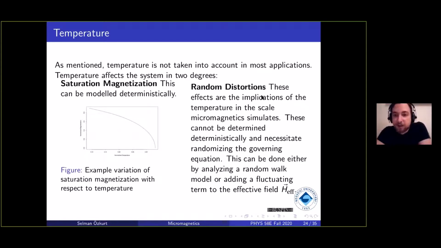But random disturbances in the resulting structure that will be caused by the temperature cannot be determined deterministically. In order to determine what effect random distortions of temperature are going to have on micromagnetic configurations, we should have some fluctuating H effective or employ some Markov chain approaches.